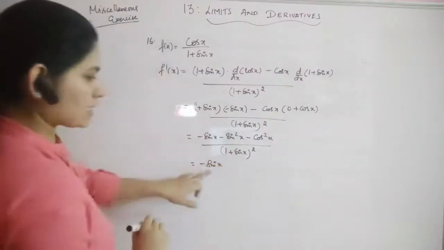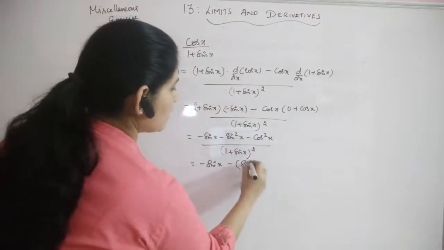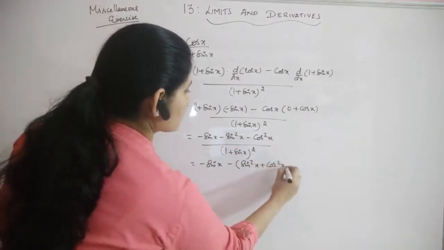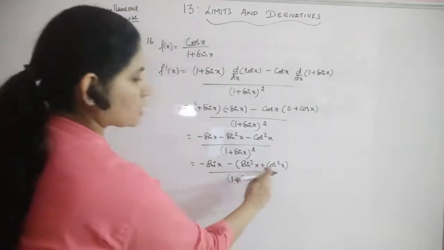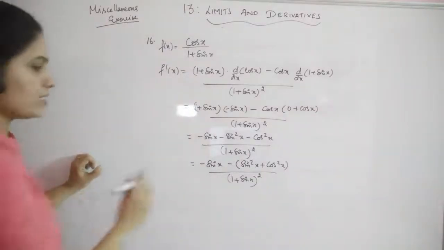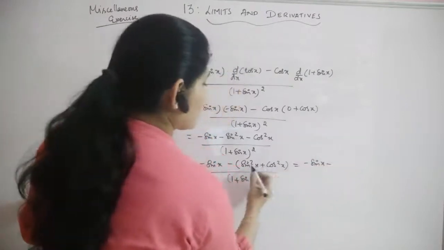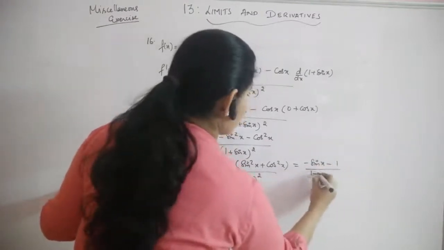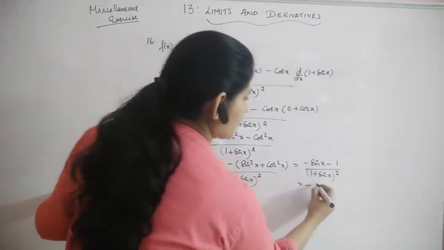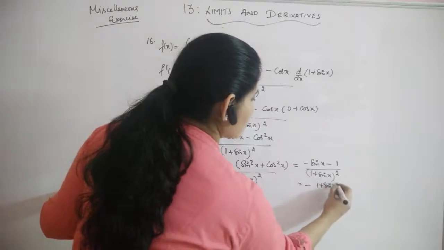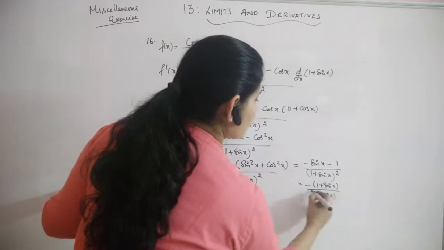I am just keeping minus sin x like this and taking the negative sign out from these two terms, so that this will make sin square x plus cos square x divided by (1 + sin x) the whole square. Now what is sin square x plus cos square x, which is 1, right? So you are getting here minus sin x minus, this can be replaced with 1, divided by (1 + sin x) the whole square. Now if I take a negative from these two terms, I will get (1 + sin x) in the numerator part divided by (1 + sin x) the whole square.